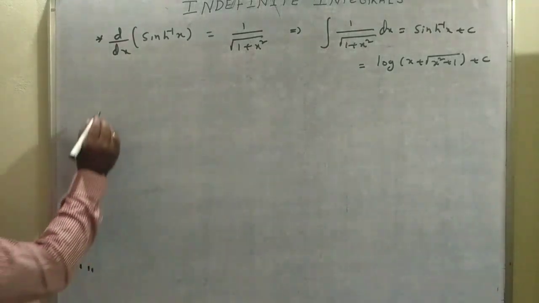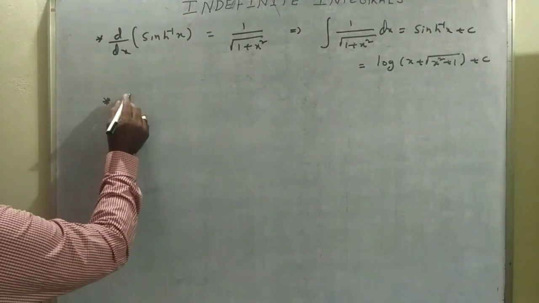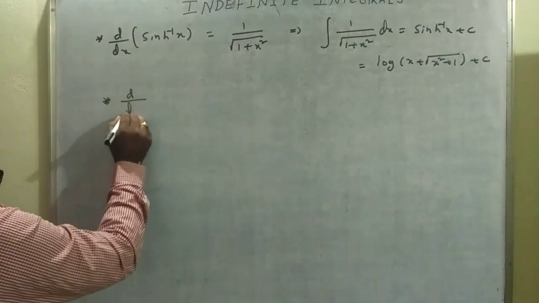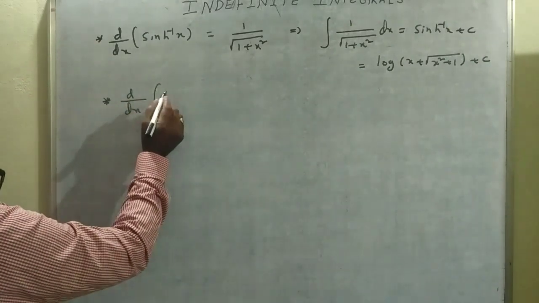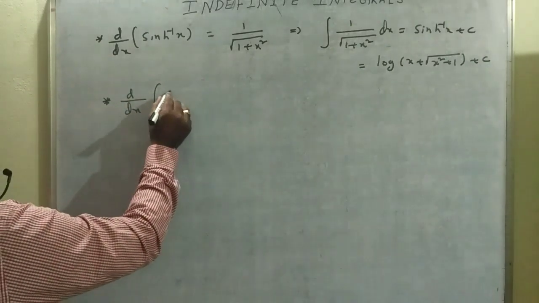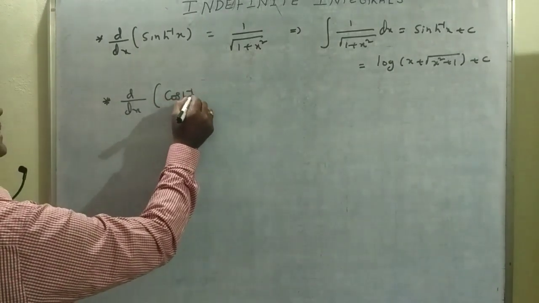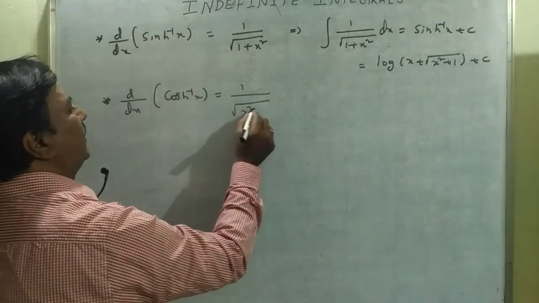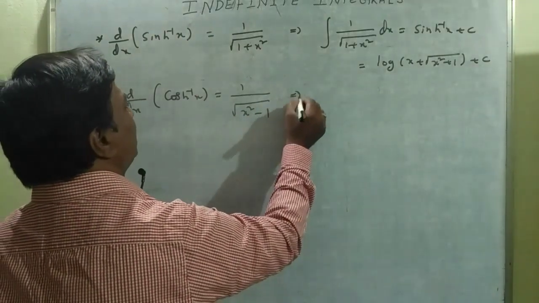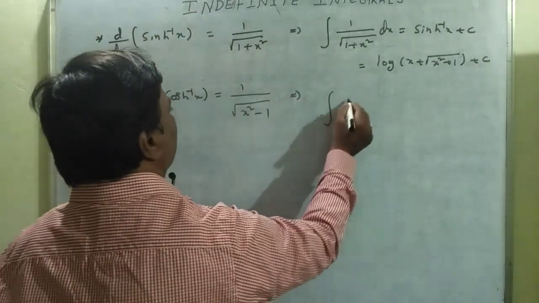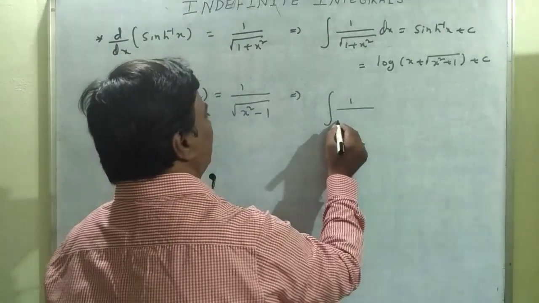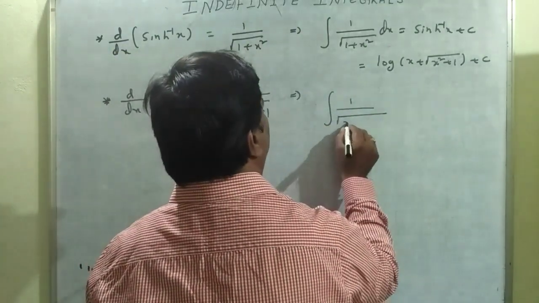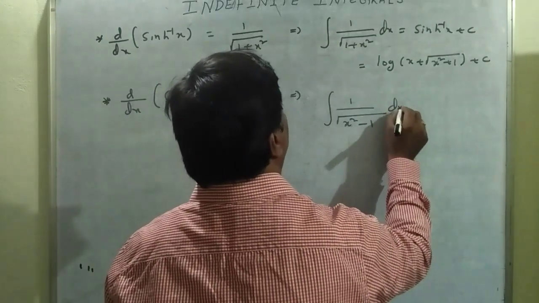Then the next formula: d/dx of cosh inverse of x is 1 by root of x squared minus 1, so the reverse process is the integral of 1 by square root of x squared minus 1 dx.